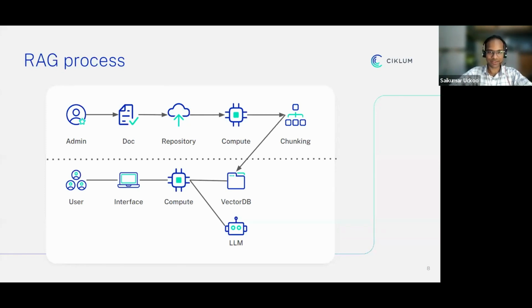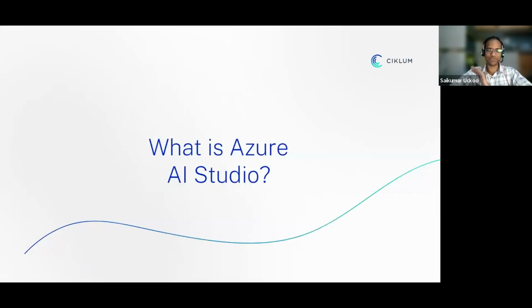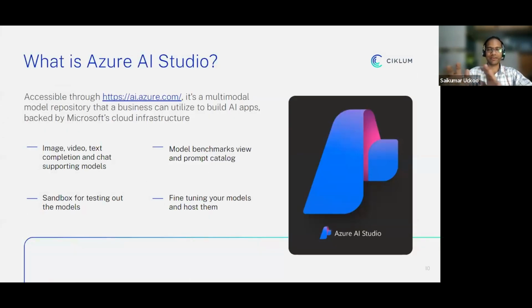So with that being said, we'll now jump into Azure AI Studio itself. From here on, we'll keep looking at the slides, and then I'll try to relate those specific items to what you would actually see in the Azure AI Studio, right? Okay, so about the studio itself.